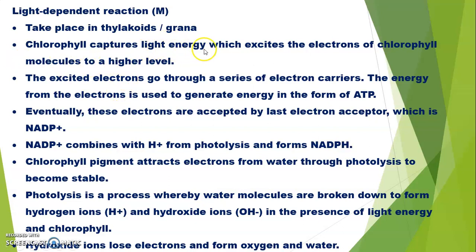Now we go to the third point. Chlorophyll captures light energy, which excites the electrons of the chlorophyll molecules to a higher level. And then the excited electrons go through a series of electron carriers. The energy from the electrons is used to generate energy in the form of ATP. Eventually, these electrons are accepted by the last electron acceptor, which is NADP plus.